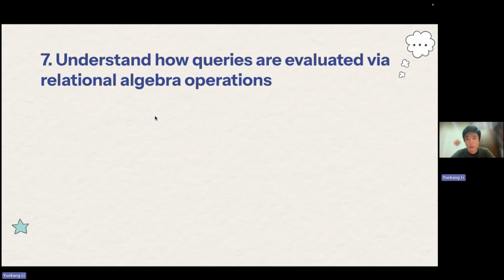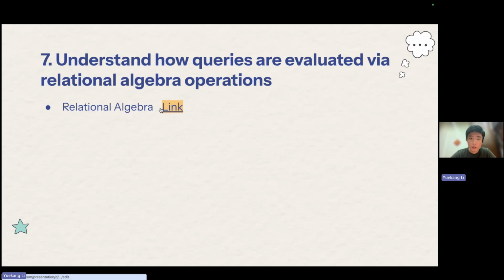The seventh learning outcome is that you should be able to understand how queries are evaluated via relational algebra operations by the DBMS. So the key concept here is relational algebra. What are the operations in relational algebra and why is it important for DBMS?